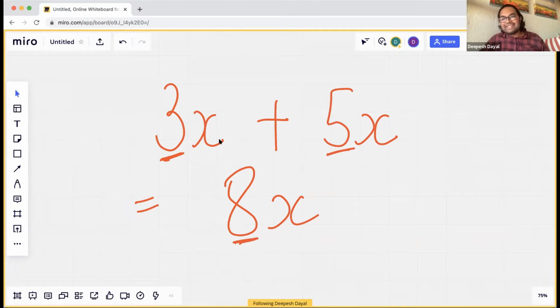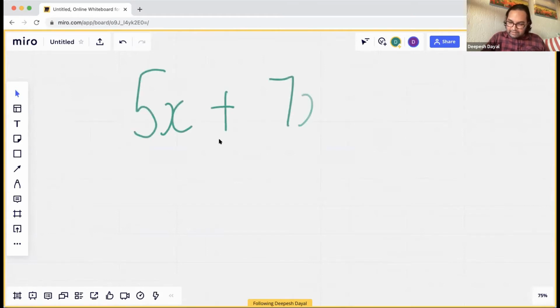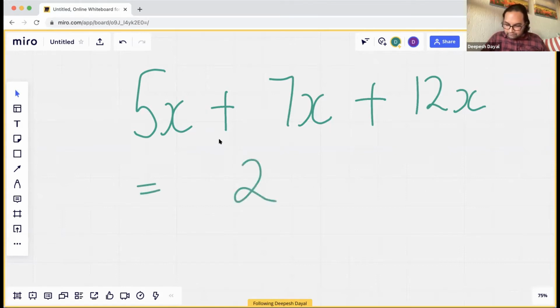Okay, let's give you another one to try. This is addition, so let's try 5x plus 7x plus 12x. What does this give us? 24x.